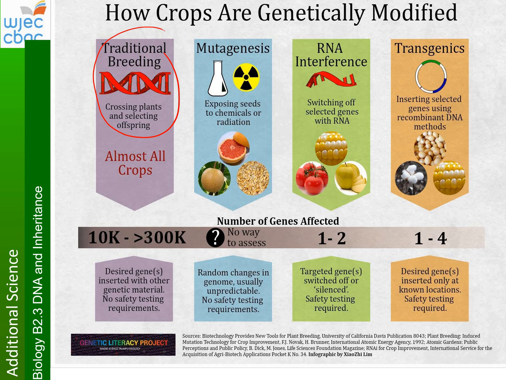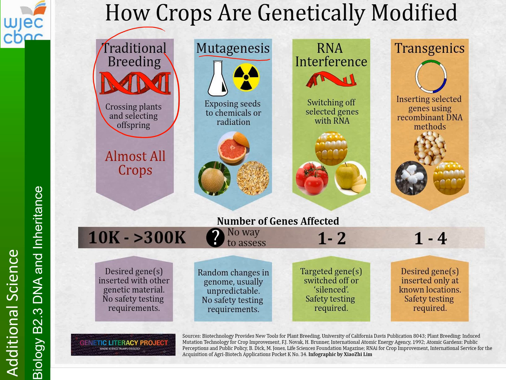But there are some other ways that we can genetically modify crops. There's a method called mutagenesis, and we're going to come across mutation in the next booklet. What mutagenesis means is we expose the seeds to either mutagenic chemicals or to radiation.